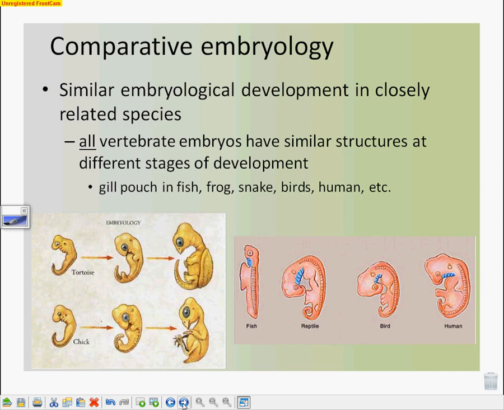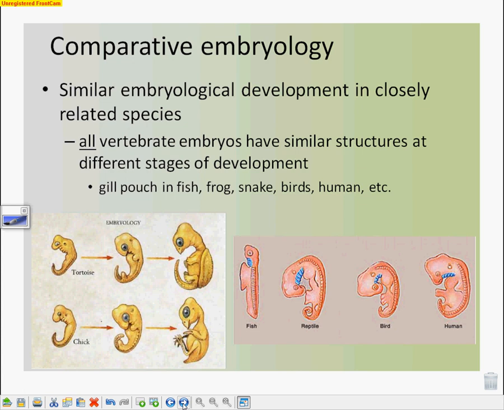So one last thing to show you about comparing is looking at embryos and embryo development. We'll talk a little more about this when we get to the organism part of the course. But if you put a fish embryo, a reptile embryo, a bird embryo, and a human embryo at about the same stage in development, they all have very similar structures.